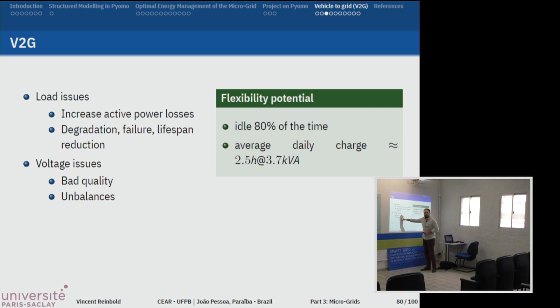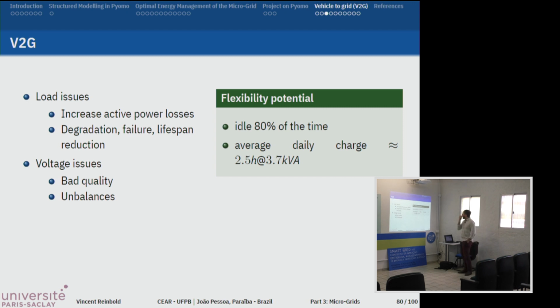Those are the issues of the introduction of electrical vehicles, and now the brighter side. So let's be optimistic, and look at the potential of the electrical vehicle.